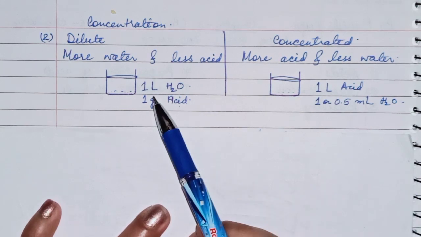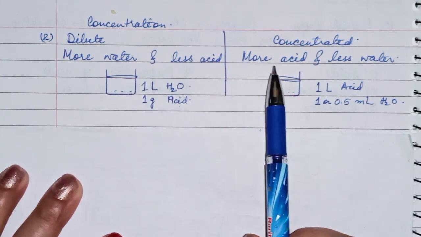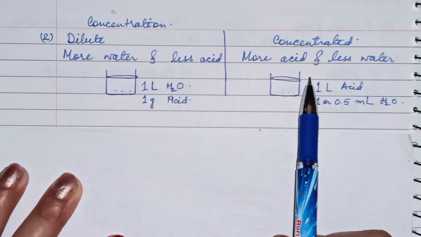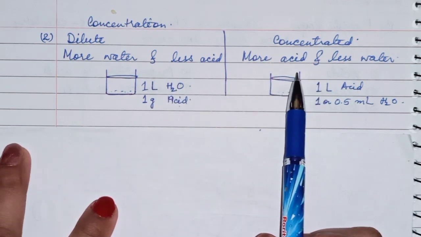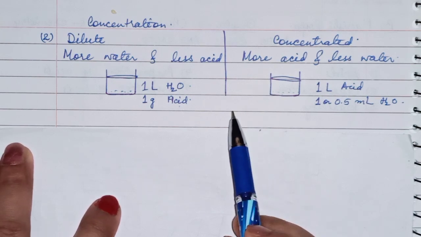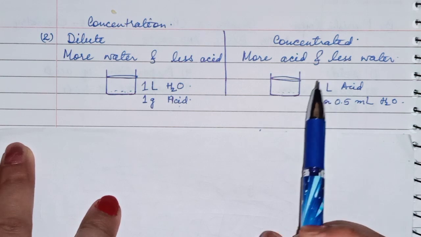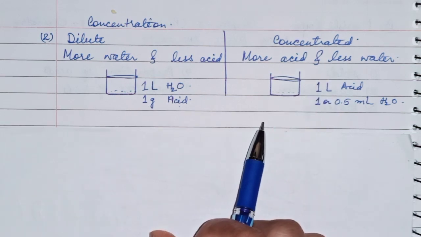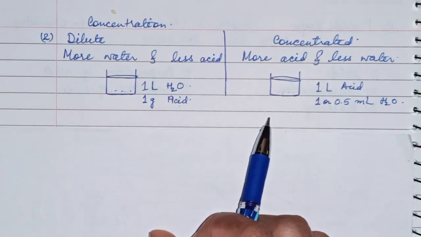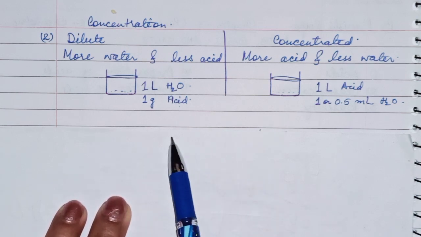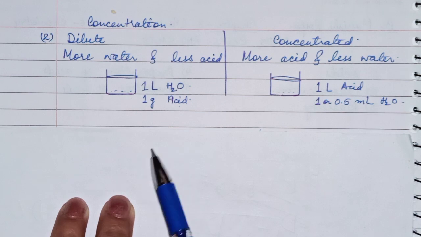Children, one point I have to add here, on dilute and concentrated acid: how you will make a concentrated acid into dilute form. If you are taking concentrated acid, you have to make it dilute. Then will you add water to acid, or add acid to water?